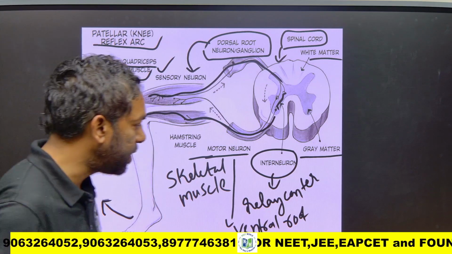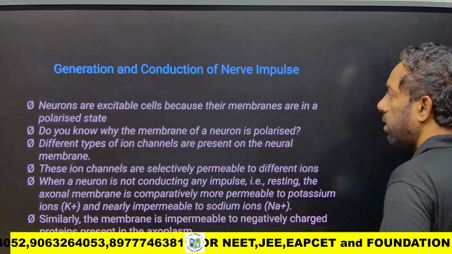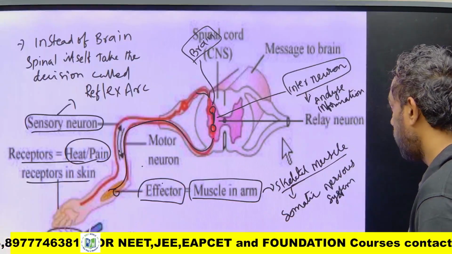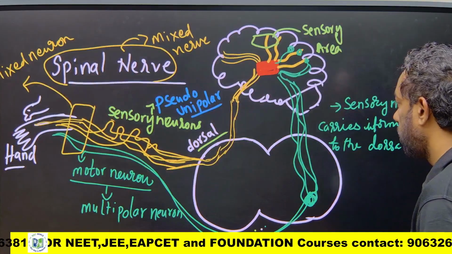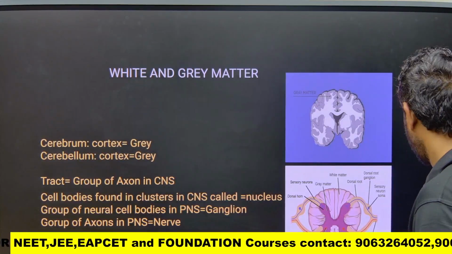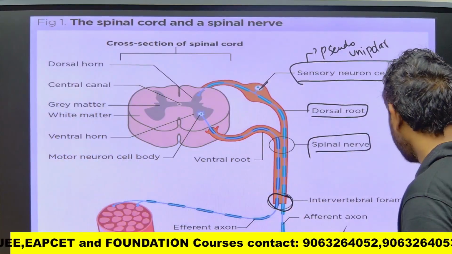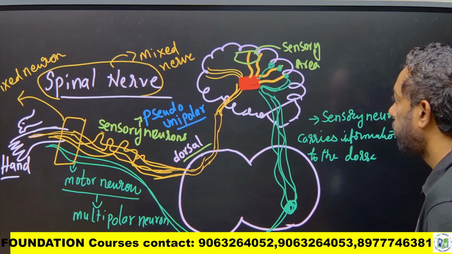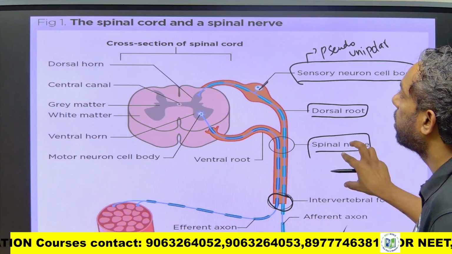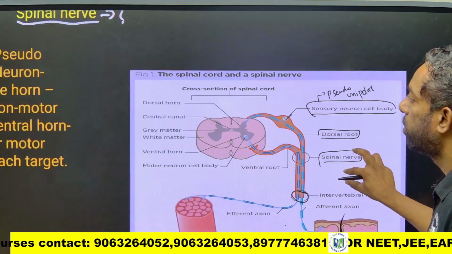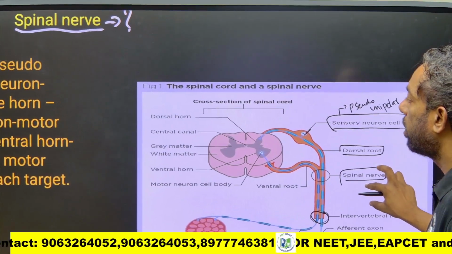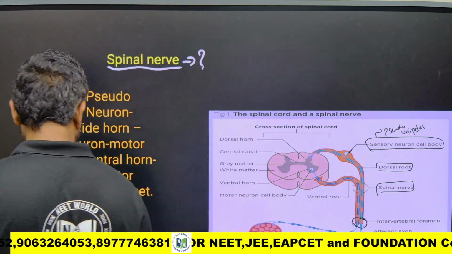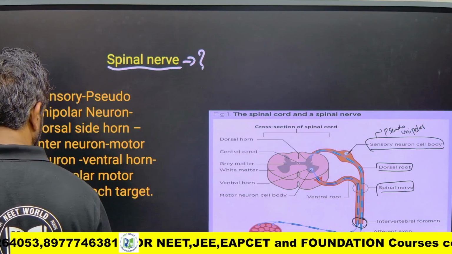I hope you guys understand this. Once again, go through this. What is the spinal cord and spinal nerve? The spinal cord has gray matter and white matter, a ventral root and a dorsal root.